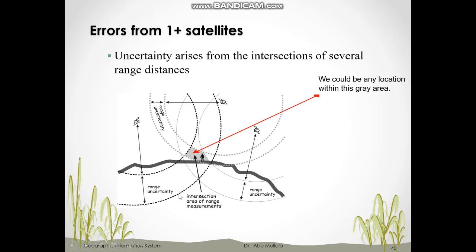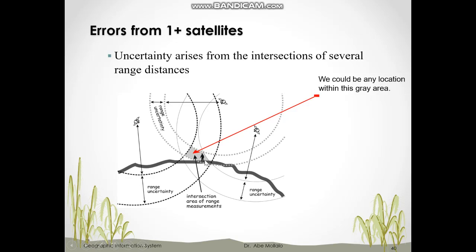If we add the second satellite, again, it creates a band rather than one circle because of the uncertainty. Now if we add the third one, again a band, the intersection of all of these bands from all of these satellites is going to be this shaded area.